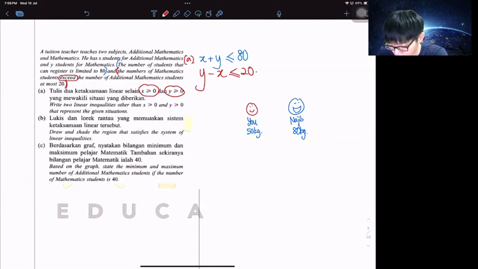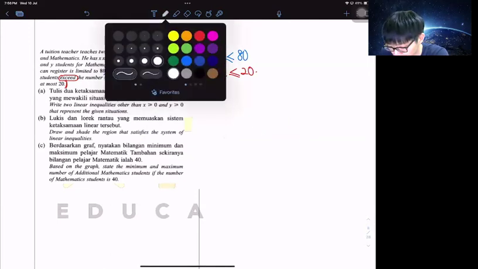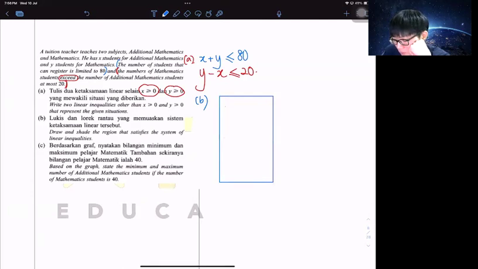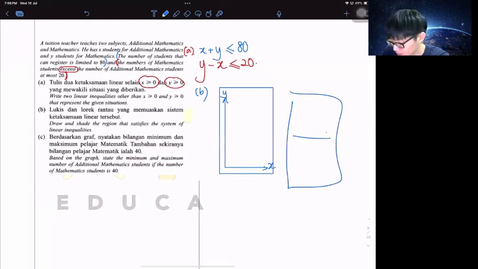Okay. Actually, you should be able to continue on your own already, but for those who still need to see me do it, I want you to understand also, especially those who are using graph paper, do you know that for this question, your x and y axis, you can start right at the sides like this, instead of thinking, oh teacher, maybe got negative.